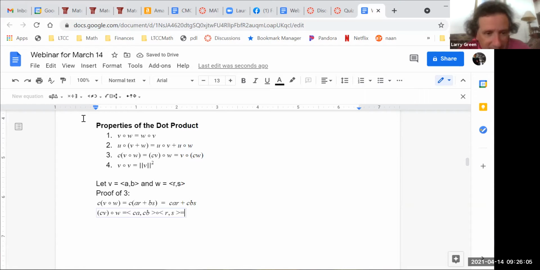And that's car plus cbs. So I just proved the first equality, right?